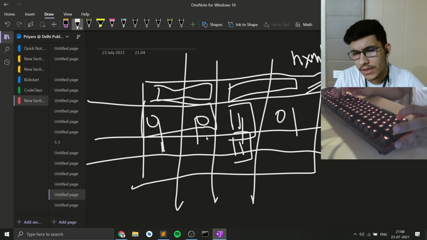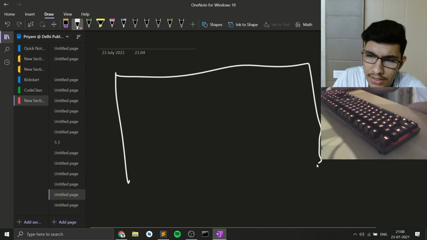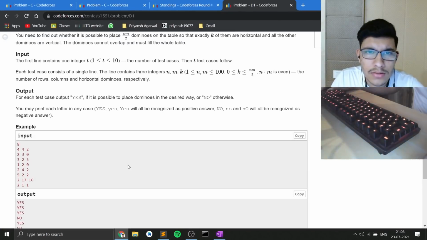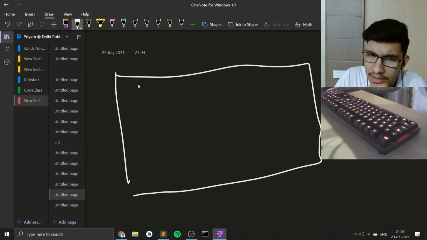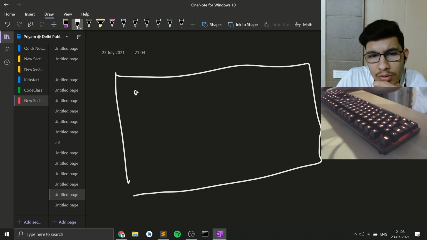Okay, so there is one thing here. If I'm given a whole grid and I need to place k of them horizontal, what are the number of test cases here? Test cases are only 10. Okay, so if I just decide that I will be placing a horizontal domino, let's say here, then I am also fixing this cell, right?